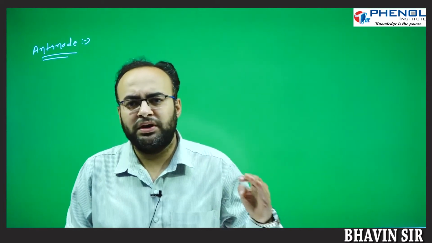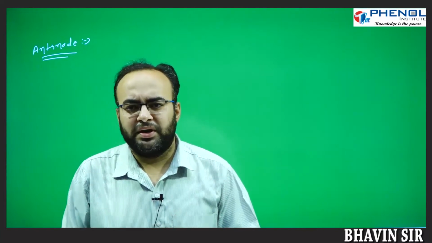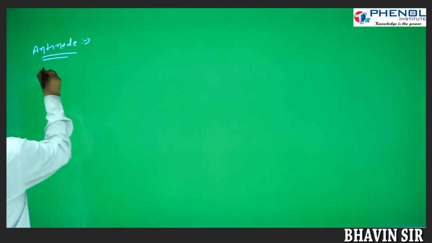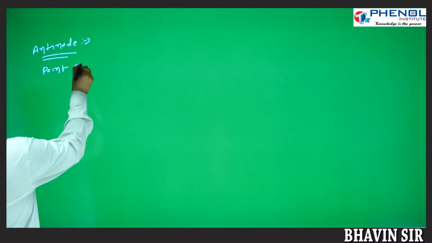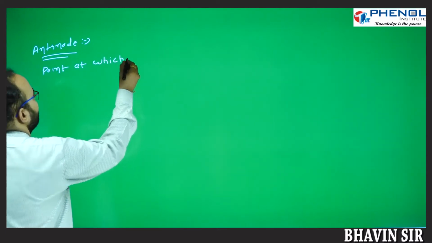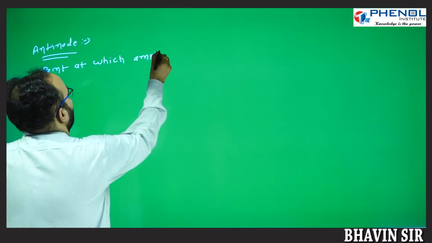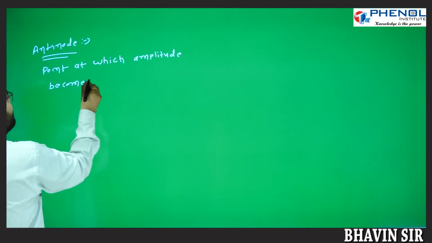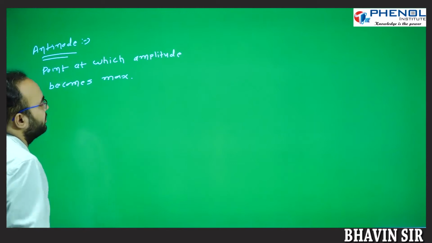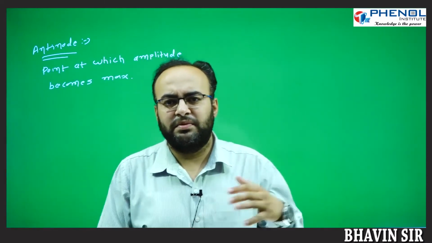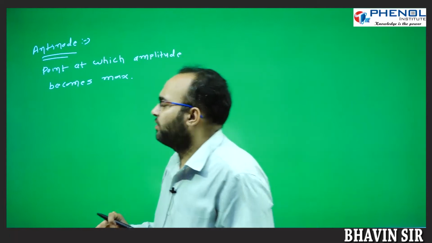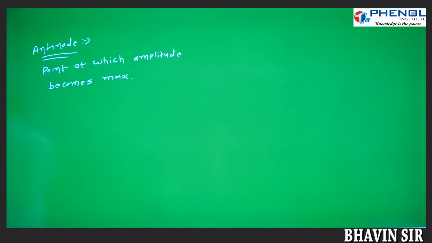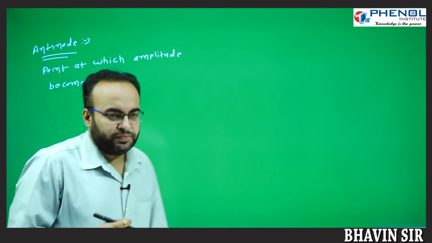Okay, the points at which amplitude becomes maximum are known as antinodes. Chalo.